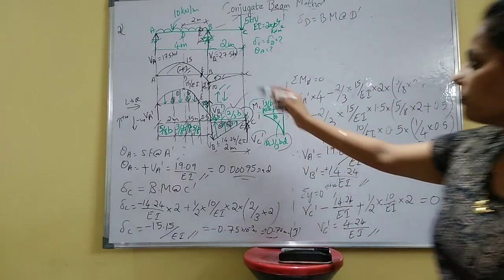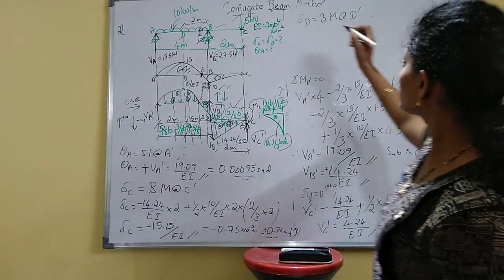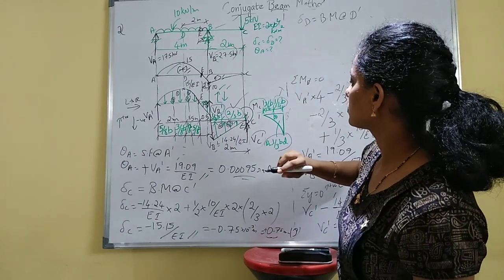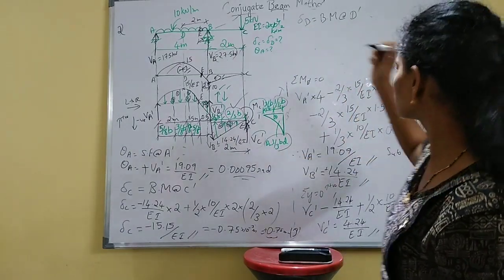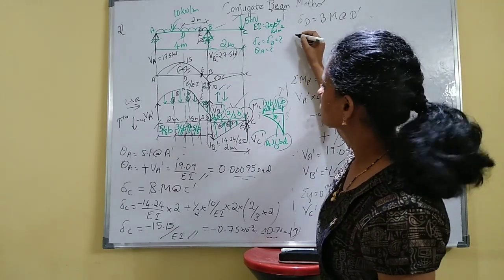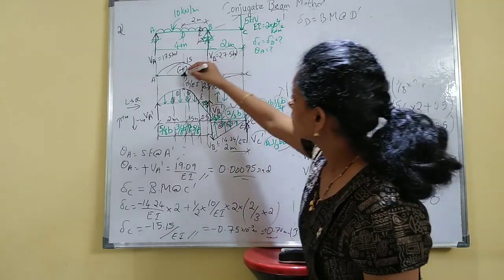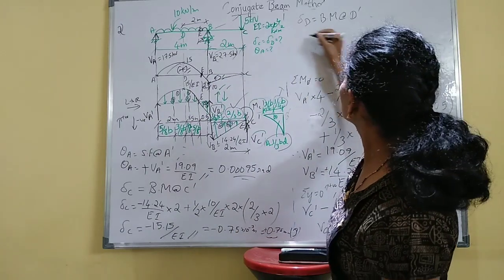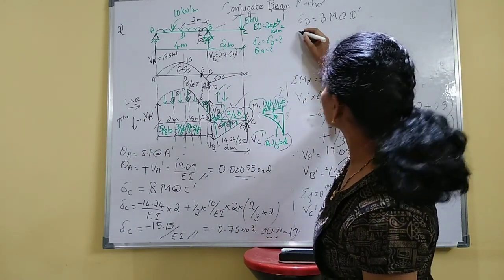Okay, bending moment at D dash. So you have this at this point. So this will be VA, that is upward.